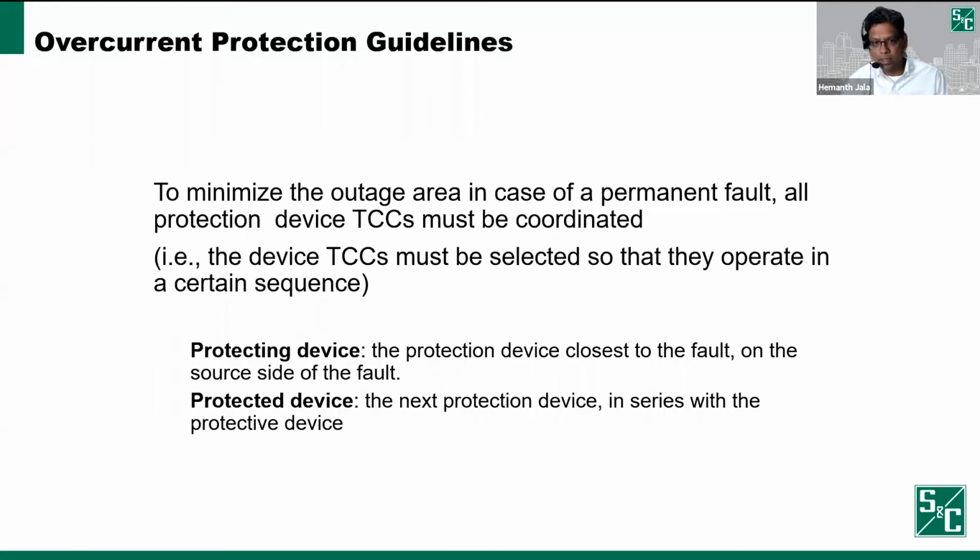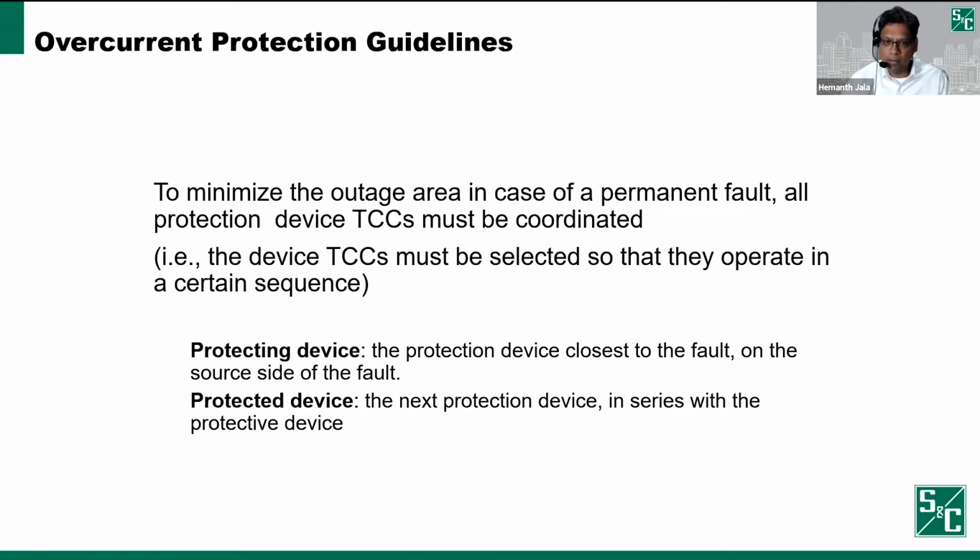And there are two nomenclature, the definition of devices when you're looking at multiple protection devices on your system. One is called the protecting device, and the other one is the protected device. The protecting device is the device that's closest to the fault, which is on the source side of the fault, which means it sees the fault first and then operates on it.